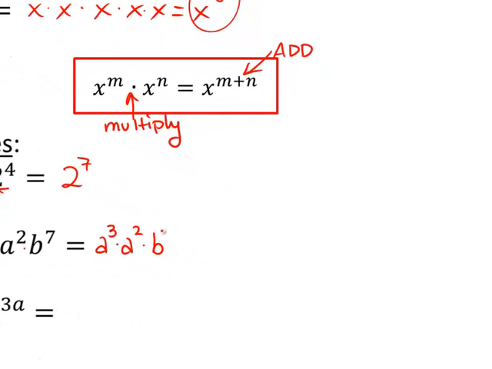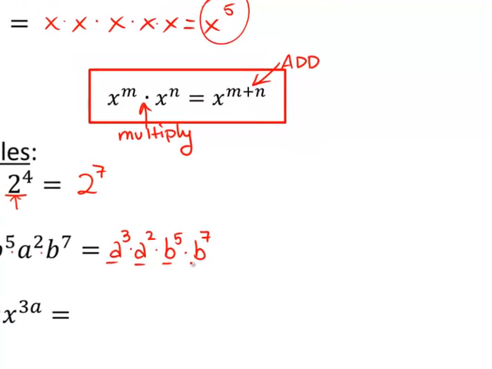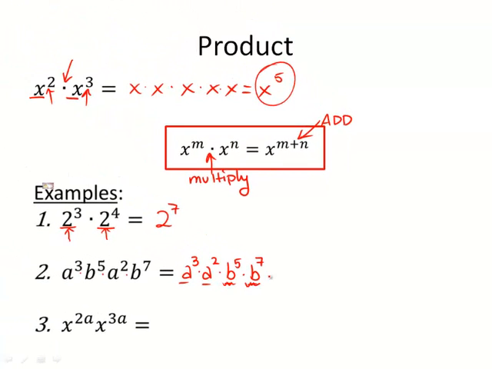And specifically, I want to rewrite these in an order so that like bases are written side by side, because we can only combine and simplify when the bases are the same. So we've got a to the power 3 times a to the power of 2 gives us a to the power of 5. And then we also have b to the power of 5 times b to the power of 7, giving us b to the power of 12.